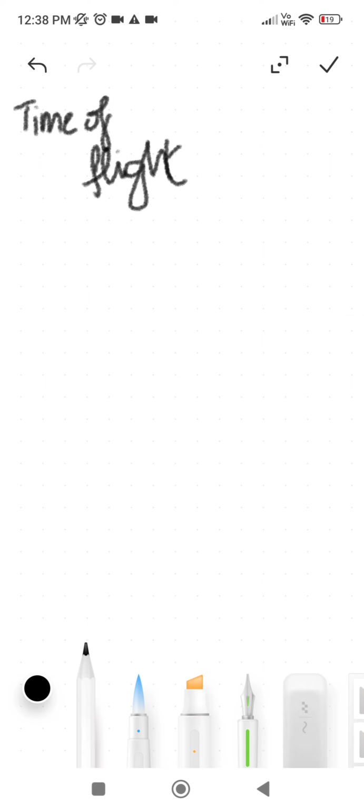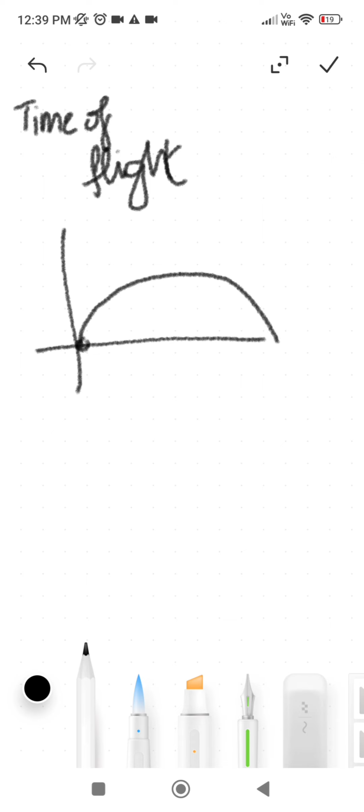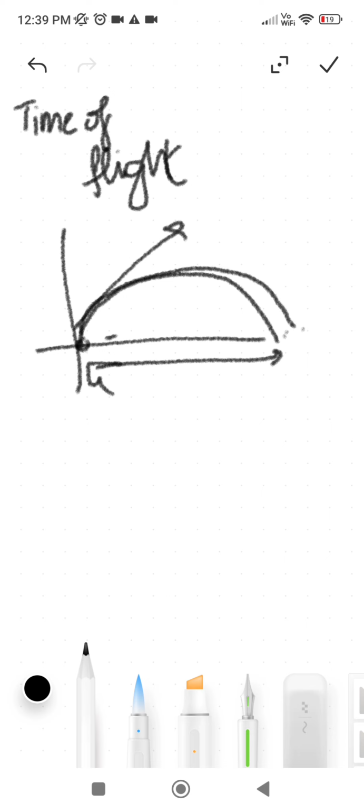It's the overall time taken by a projectile to go from this point to this point, following a parabolic path. So here Sy is 0, from the third point we have, and I'll be using the equation here.